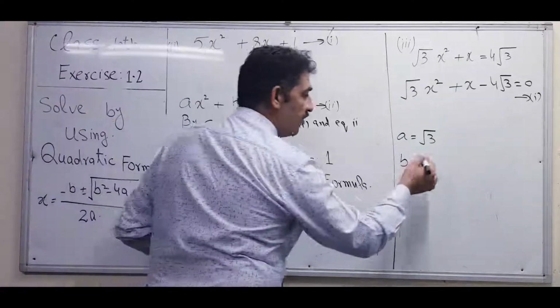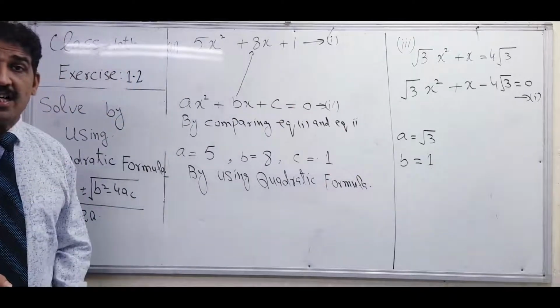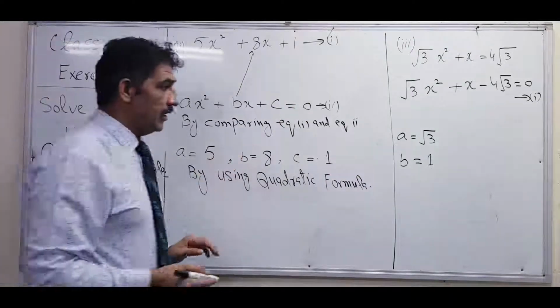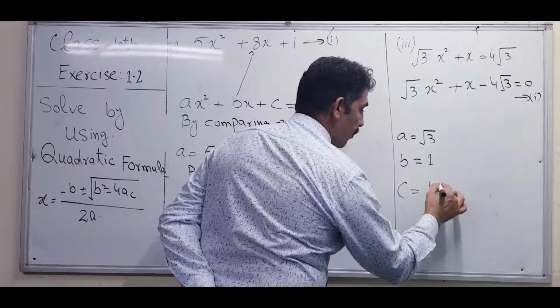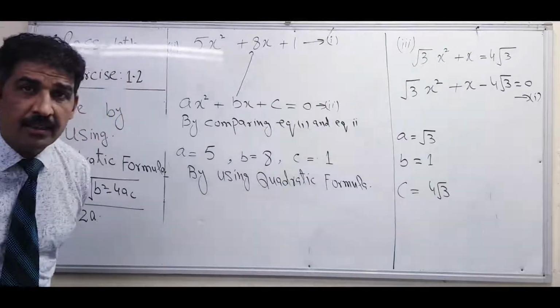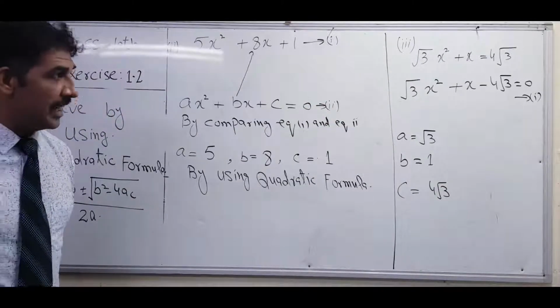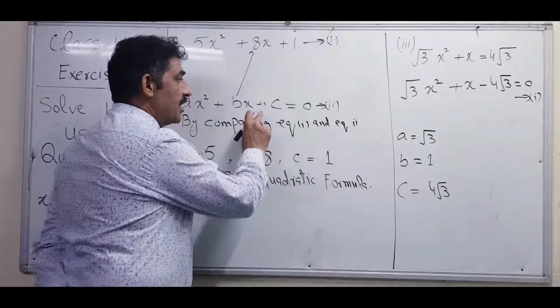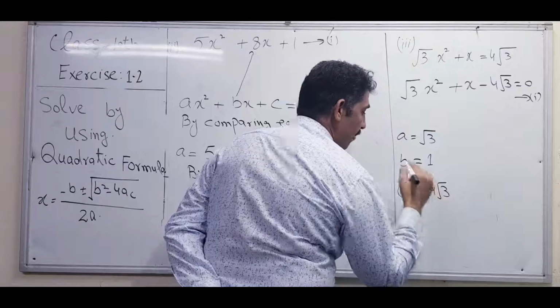Good, the value of B is equal to 1, and the constant term C is equal to 4 root 3. Is it right? No. So what is the mistake? The negative sign, because according to the formula there is a plus sign. If there is no plus sign here, then you must also mention the minus sign.